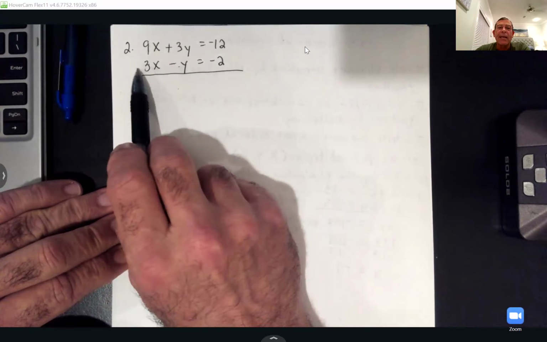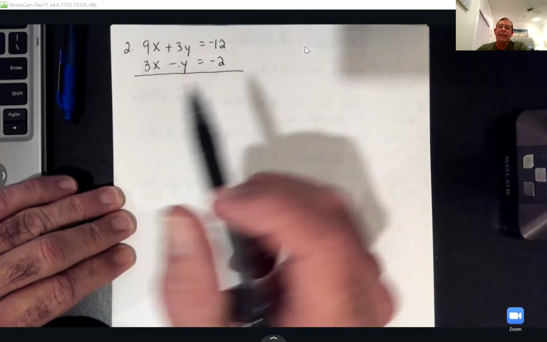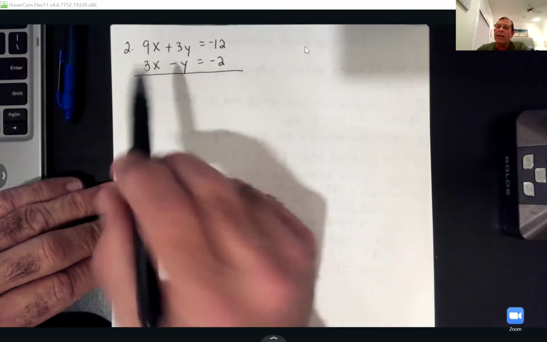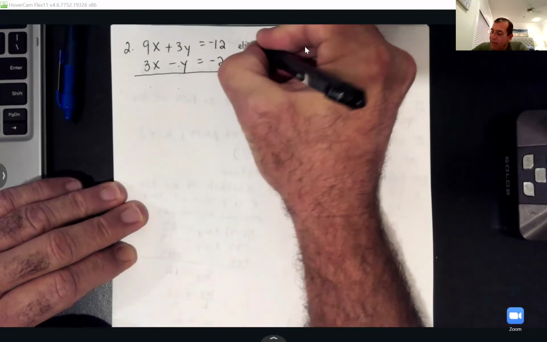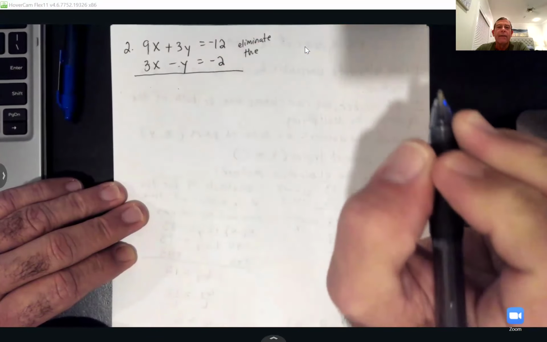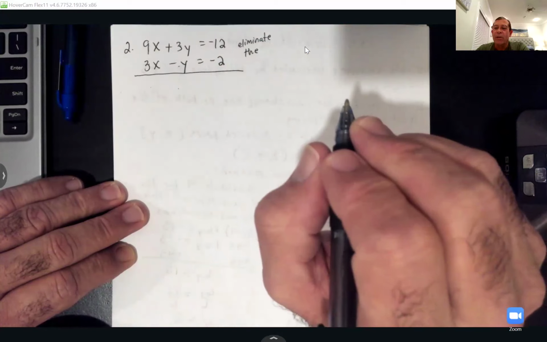We can multiply the second row by 3 to get rid of the y's. So y'all, do we want to get rid of x's or y's? It doesn't matter. So what y'all think?